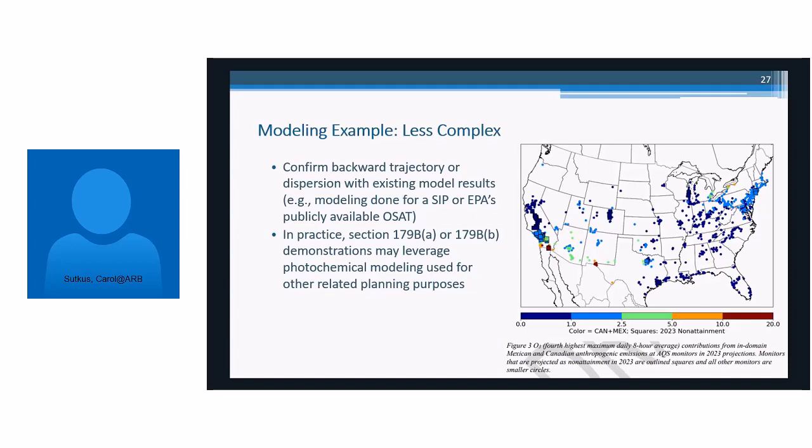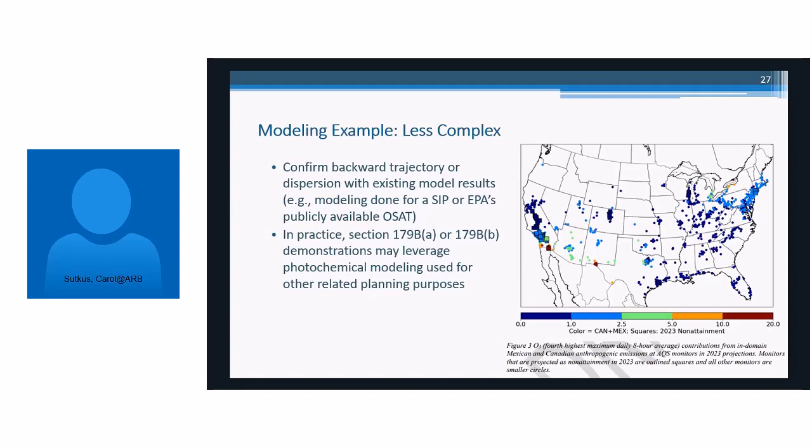So in this case, we could take the contribution that's being estimated from the adjusted design value and compare it to the EPA's OSAP modeling that was used for the CASPER closeout modeling, which is the figure on the right. When that overall contribution from air history analysis is smaller than the photochemical grid modeling, then that would generally support the idea that the estimate from air history analysis is correct.